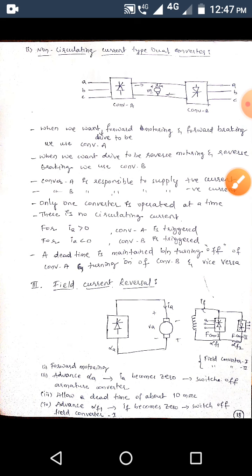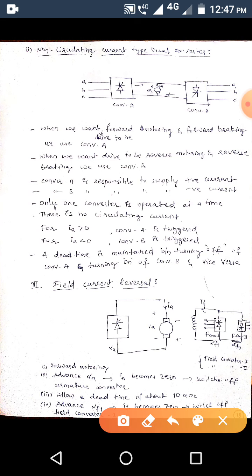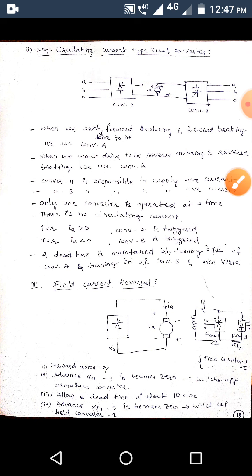It starts field converter 2, and then the armature will be started. This is how we change the field current in reversible order.